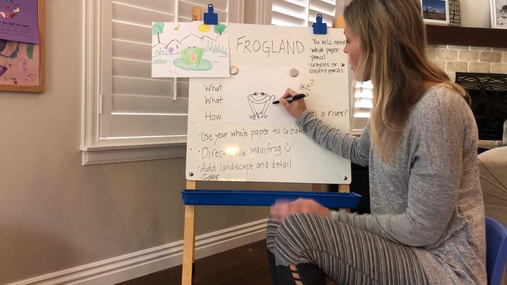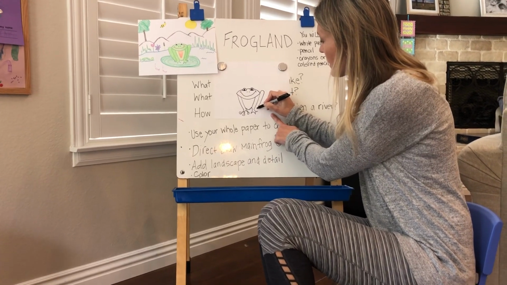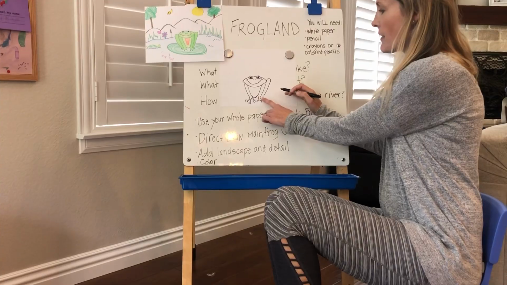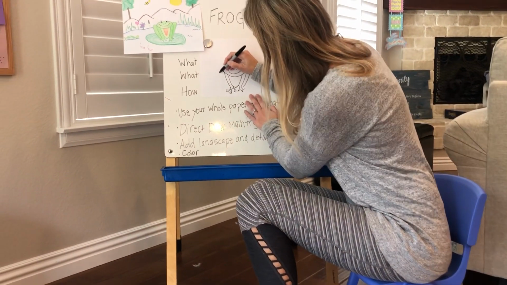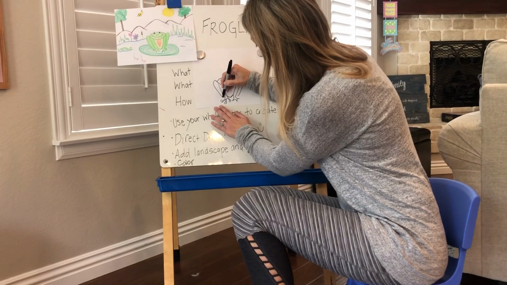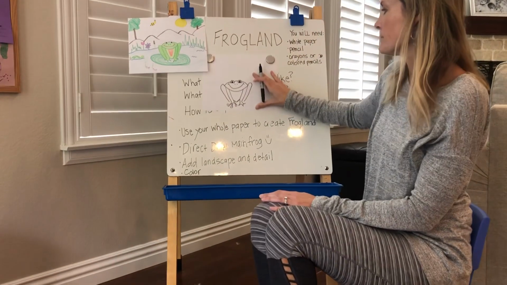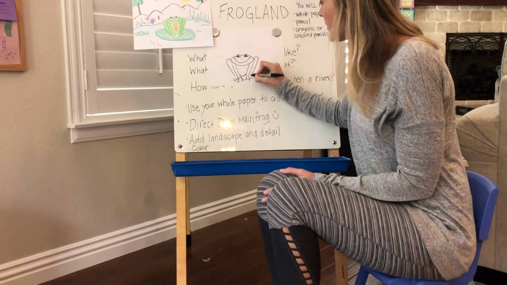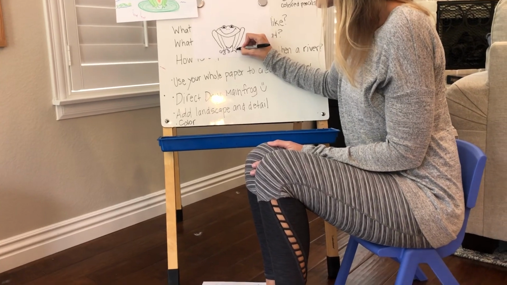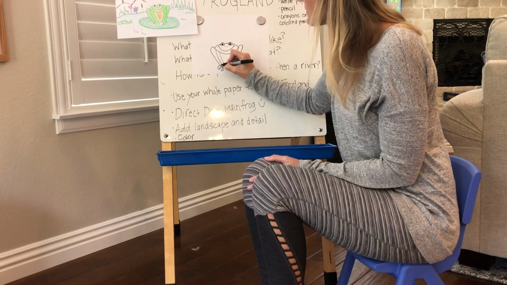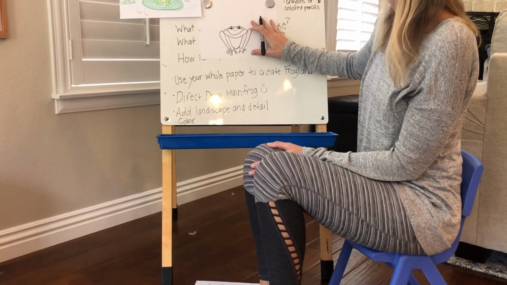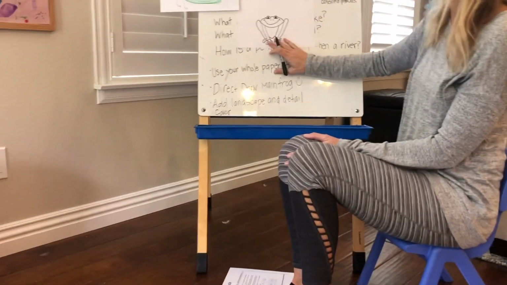And you're going to come all the way down and meet it with his other, where you met the other line on the front. And you're going to do that on both sides. All right? And then you're just going to finish off the little webbed feet on both sides. All right? So here we have our little froggy.